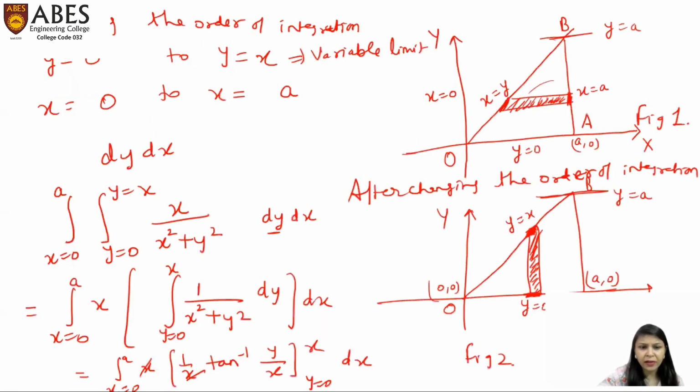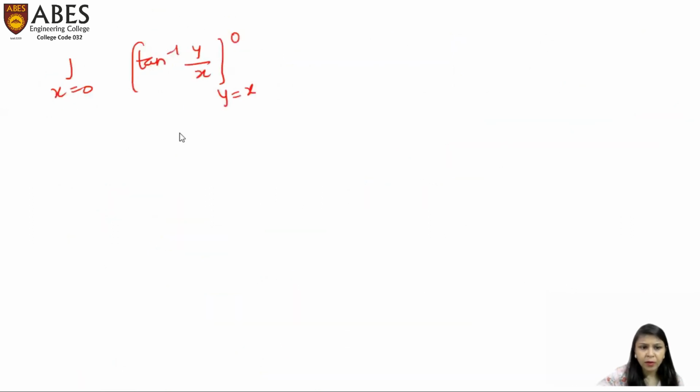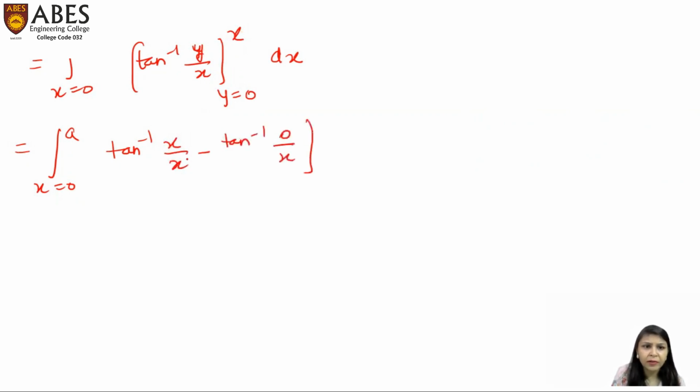Sorry, y equals 0 to x, I have to correct it, into dx. So x equals 0 to a. We first write the upper limit. Upper limit is x, so we put y equals x here: tan inverse x upon x minus tan inverse 0 upon x, dx. And this value is tan inverse 1 minus tan inverse 0.